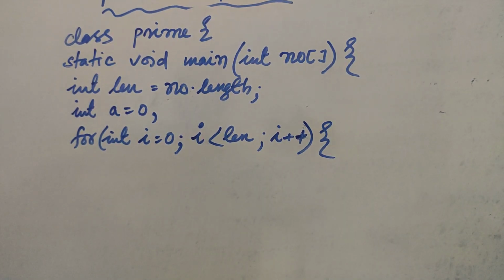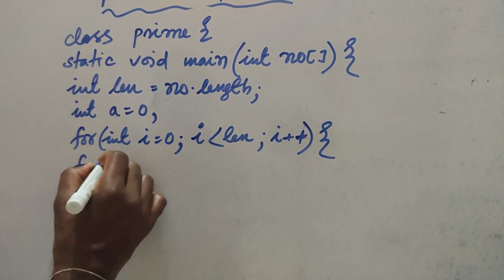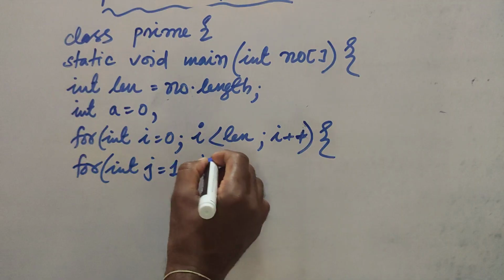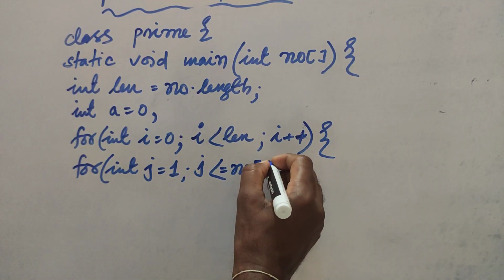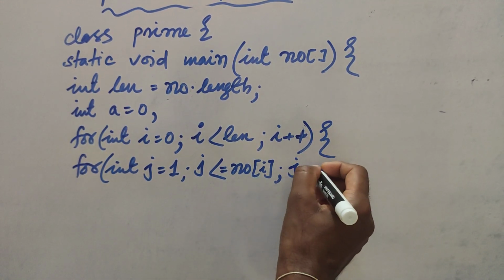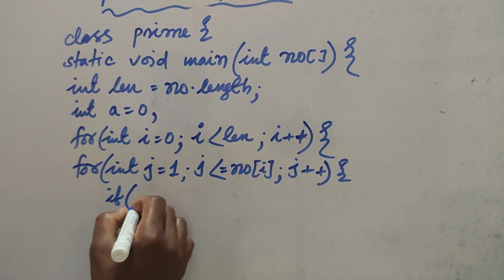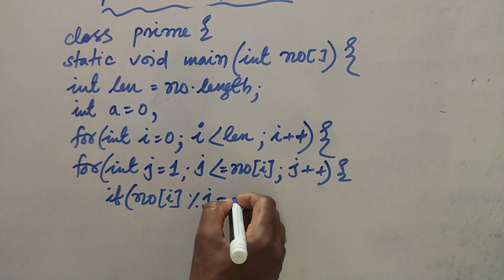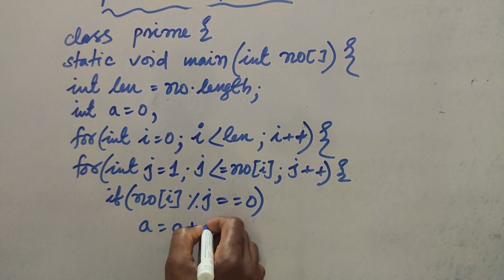Next, to find out: int j equal to 1, j less than or equal to no[i], j plus plus. If no[i] modulus j equal to 0, a equal to a plus 1.